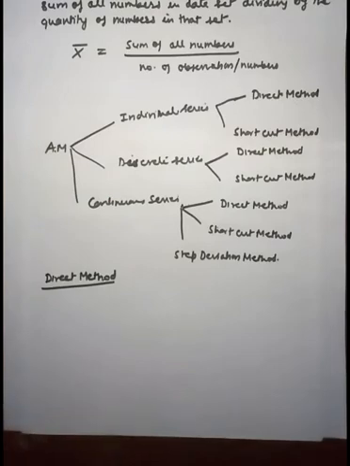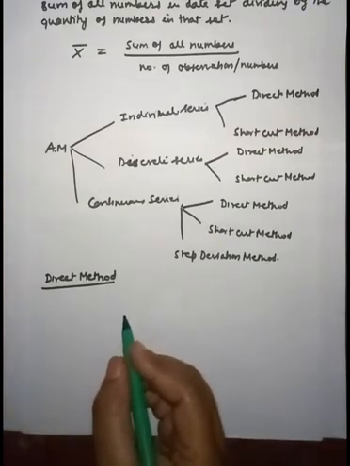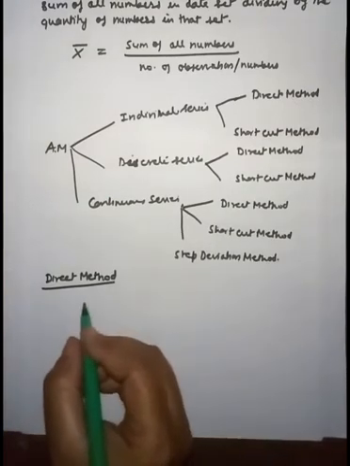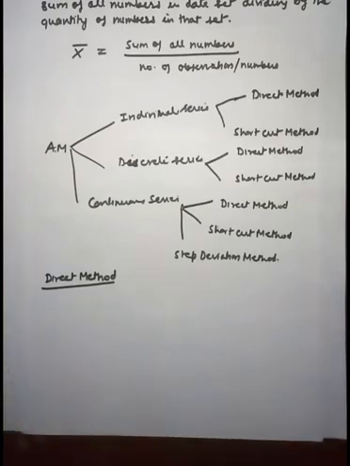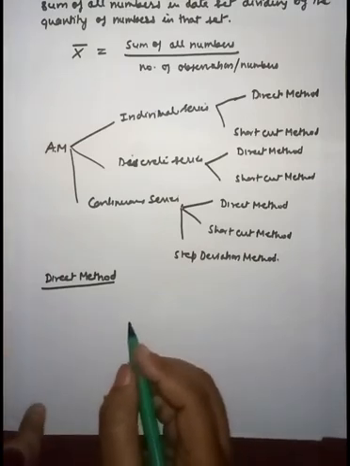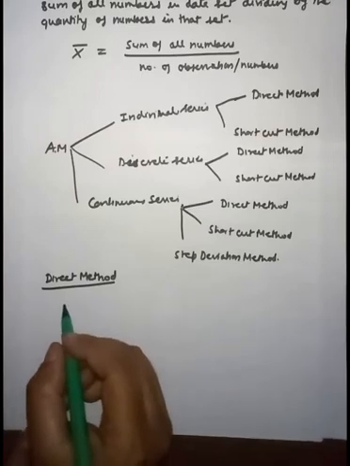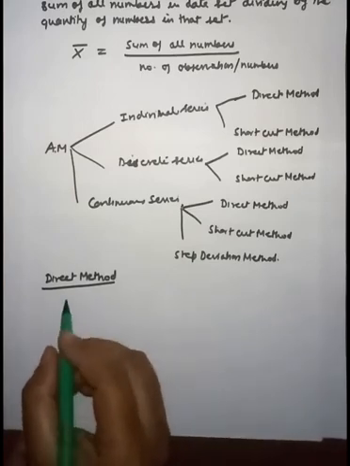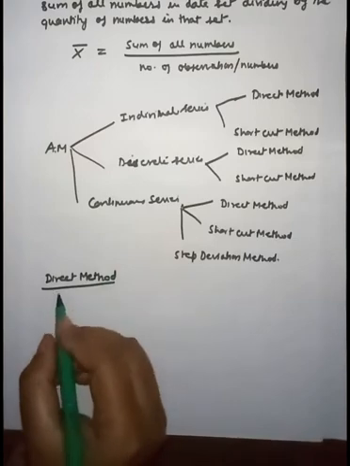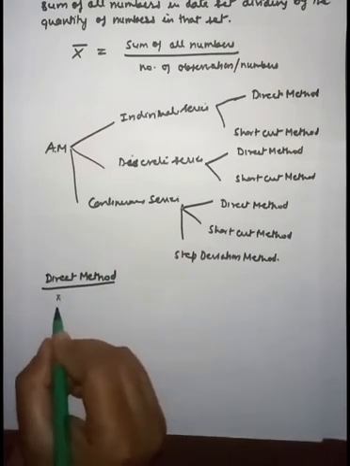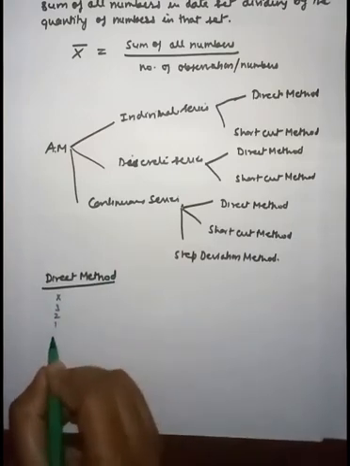So for individual series, I will take one set of variables. Let's take one example for individual series. Take x: 3, 2, 1, 5, 4.